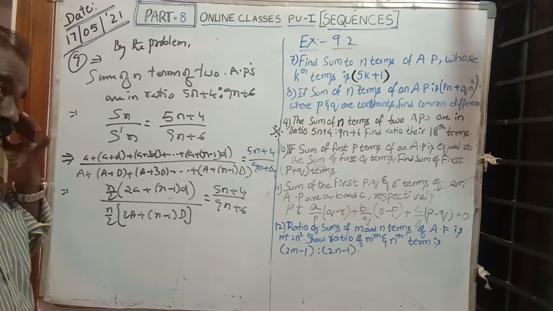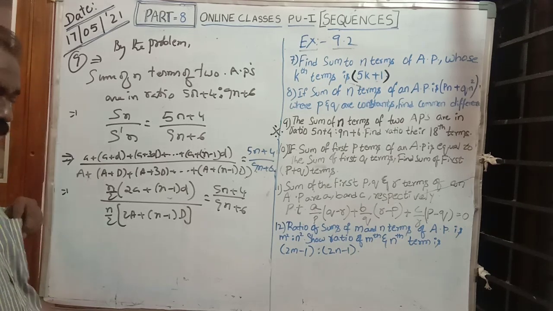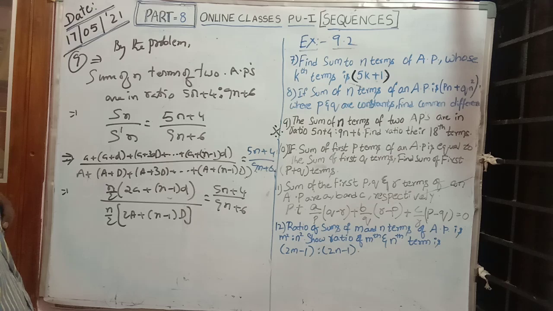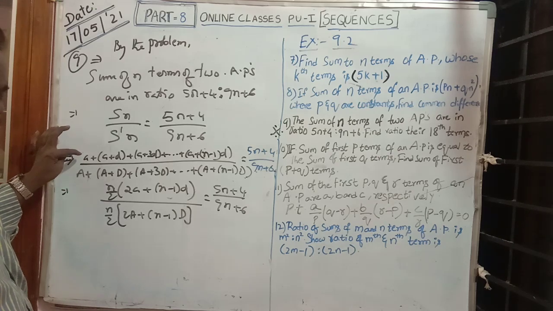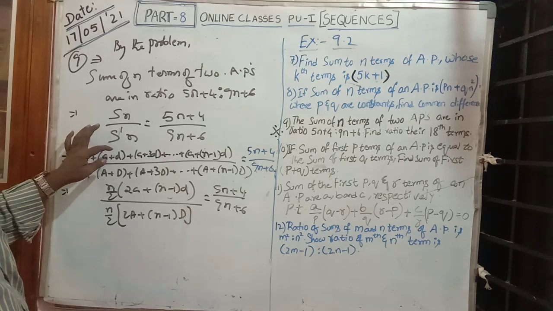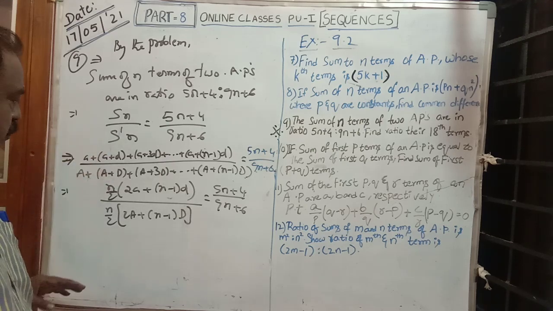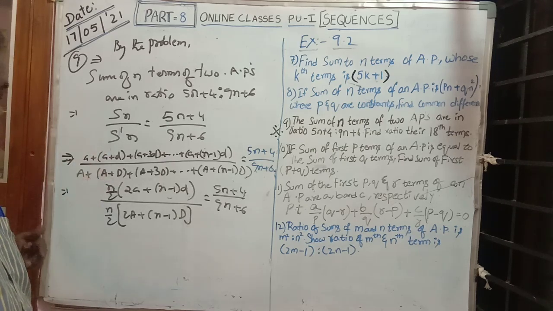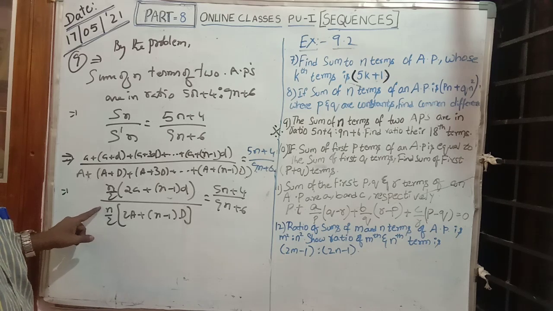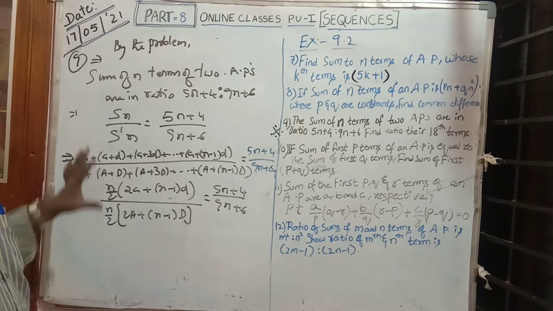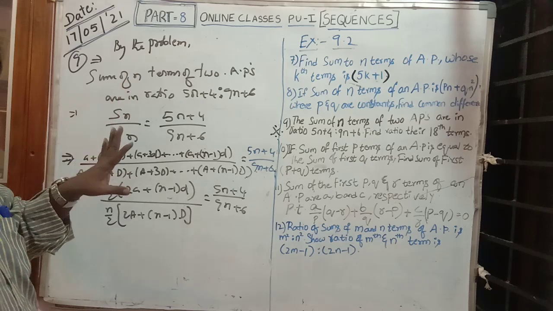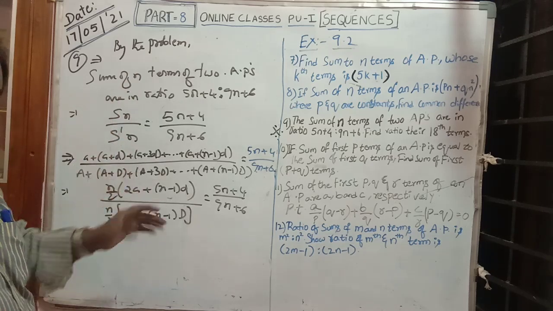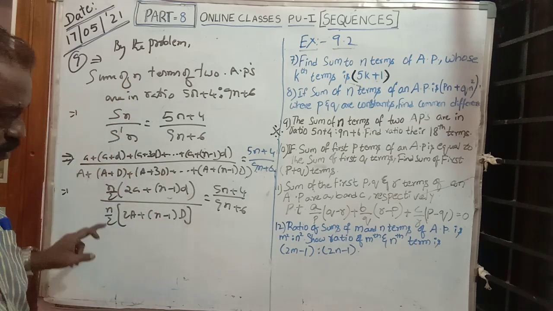But you may get some doubt, I will raise that doubt and clarify it. For different APs, you take the first terms as small a, capital A, and common differences as small d, capital D. Yes, but the same n is given here, so do you have to write capital N? No, that is wrong. N terms only, n is common. 10 terms, 20 terms, that 20 will not be changed.